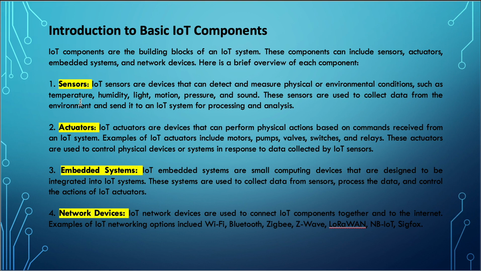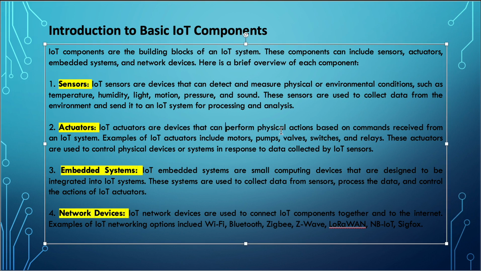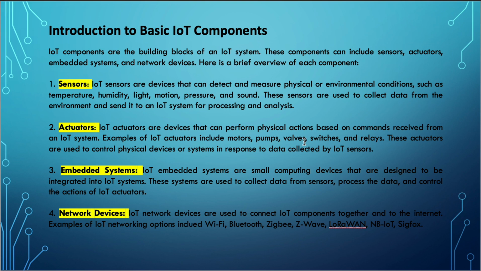Data is given in, it will be analyzed, processed, and commands will be given out by the IoT system for devices to perform physical actions, right. That is one of the main points that you should remember.